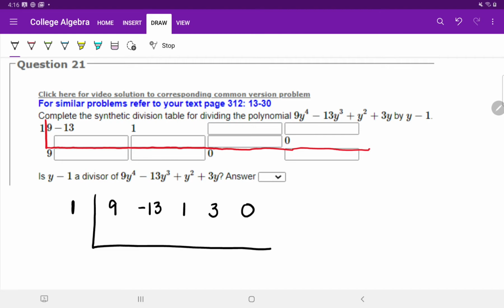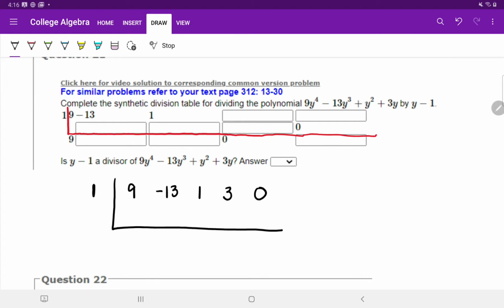Now it's time to divide. So first, we start by adding 9 plus whatever's below it, which is nothing, so we carry the 9 down. Now we multiply 1 times 9, which gives us 9. Now we add negative 13 plus 9. That'll give us negative 4.